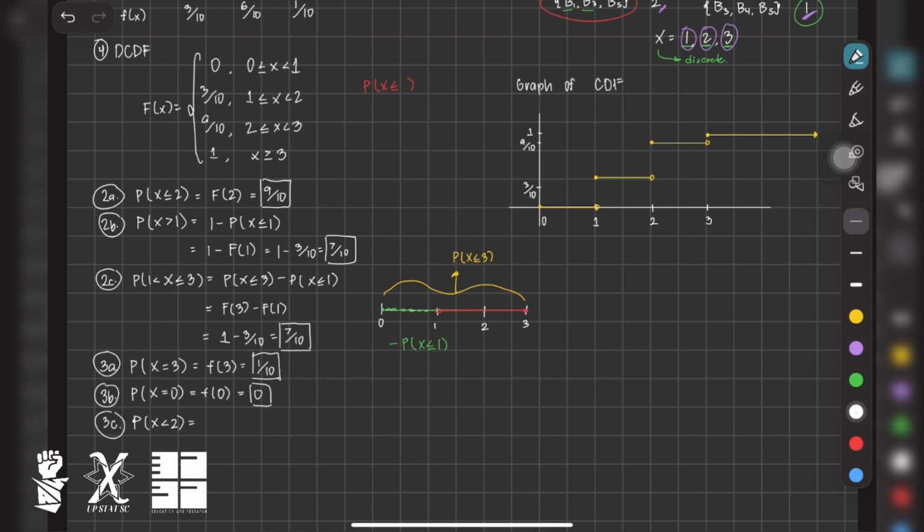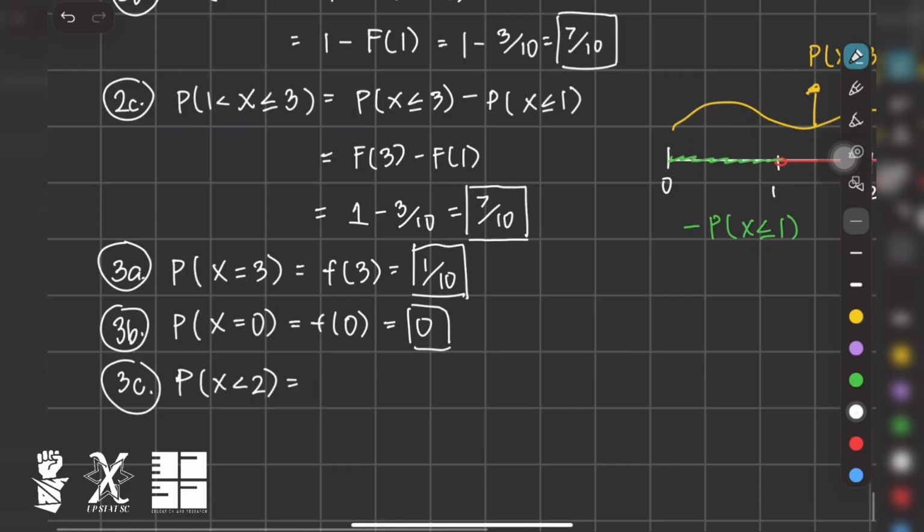Less than 2 bleach fans is almost similar to less than or equal to 2 bleach fans, but without the equal part. So it's almost similar to the standard form of CDF, which is the probability that x is less than or equal to 2.